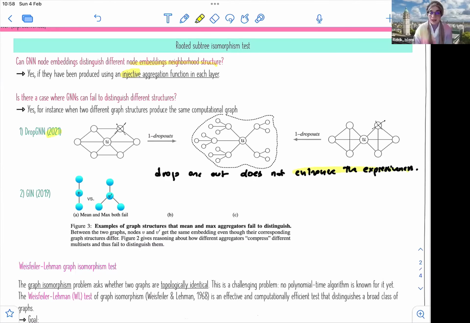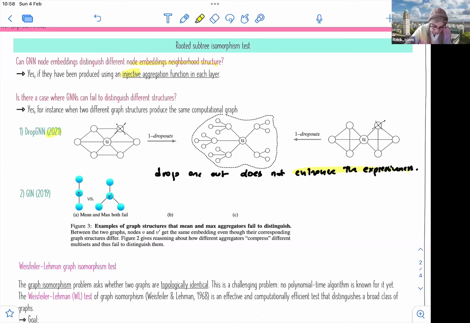And there are different ways of boosting the expressiveness of the network. So one way is the dropout, but today we're going to focus on the GIN paper, the graph isomorphism network, that has nice properties that will guarantee that a network is expressive enough, or maximally expressive.